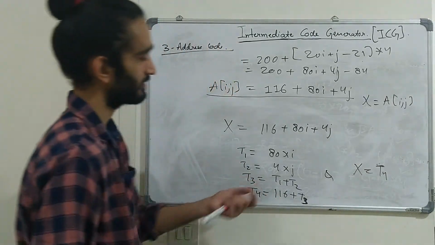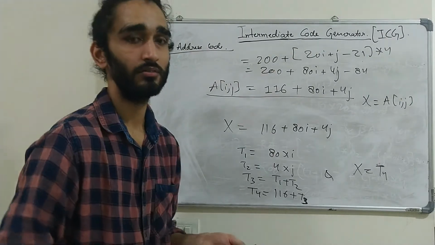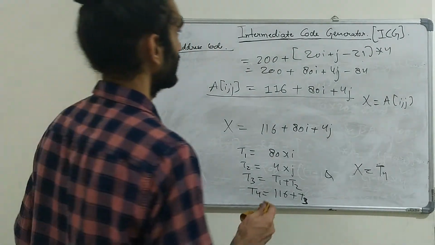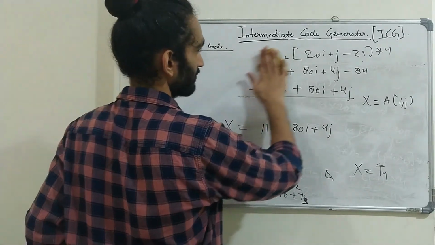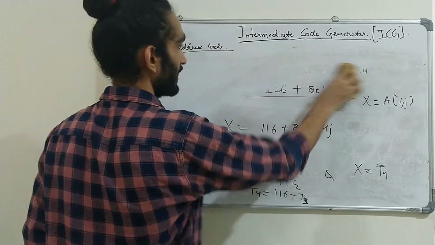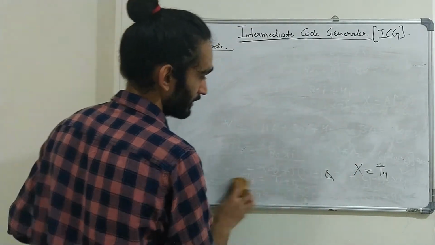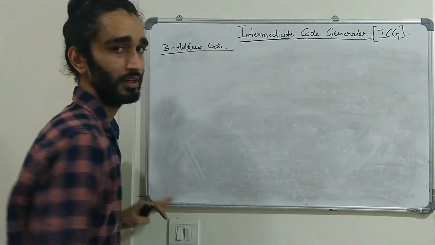Right? So this is basically how a 3-address code is generated for expressions which contain arrays or other variables, like maybe a pointer or pointer array. Based on a particular formulation, those can be converted to a simple expression and then turned into 3-address code.